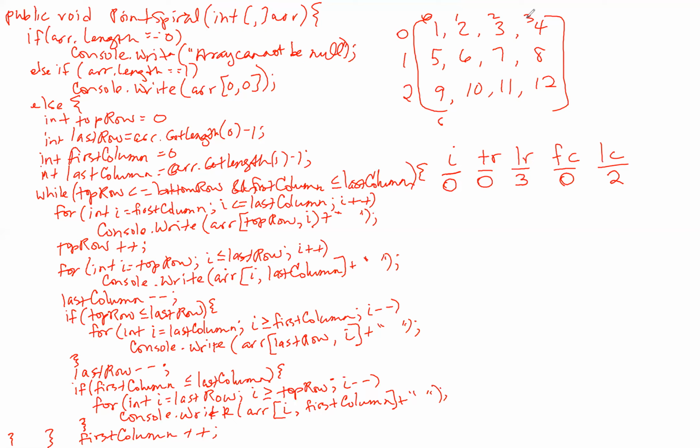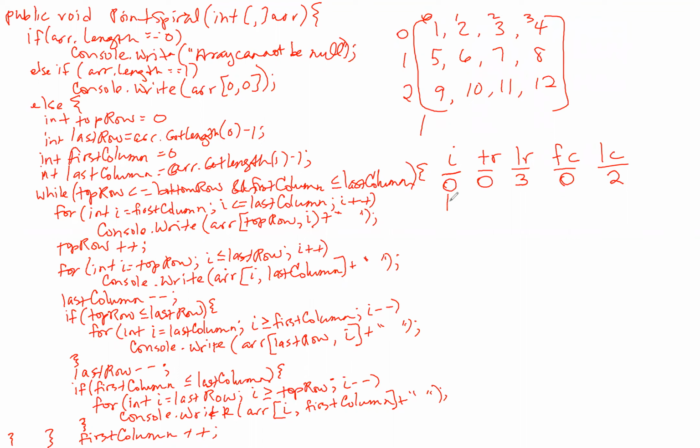All right, so console.write array at top row, which is 0, and I is 0. So we're going to write the 1. We can just write here. All right. And then I plus plus.